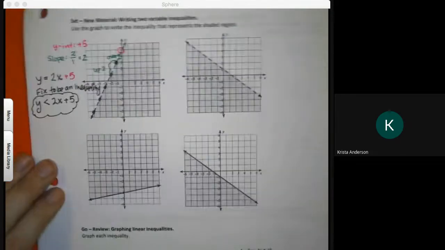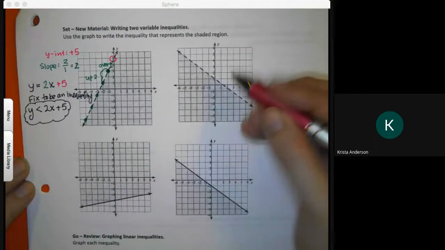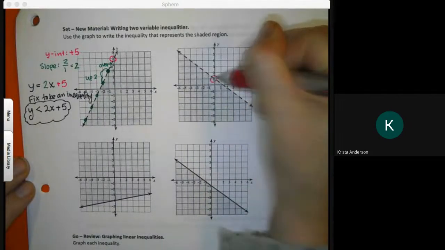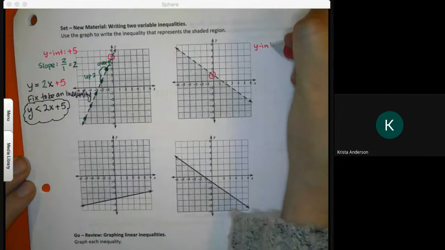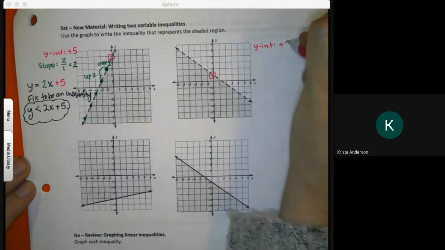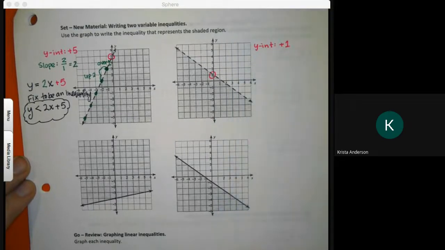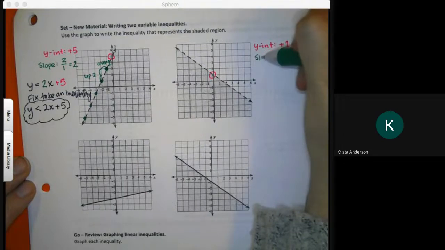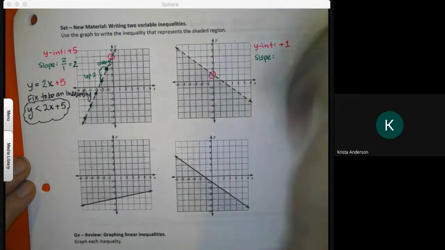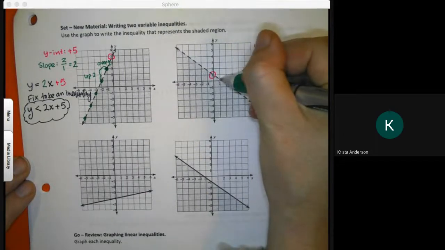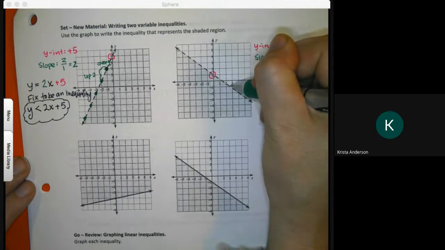Okay. On the right side, my y-intercept is at positive 1. My slope, that's a fraction, that's decimal. Looks like it hits right there.